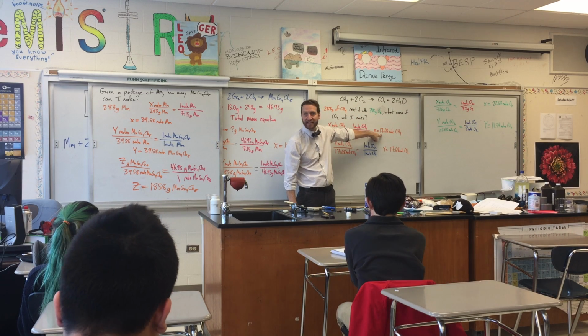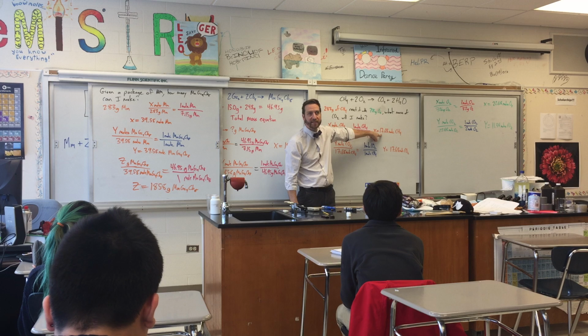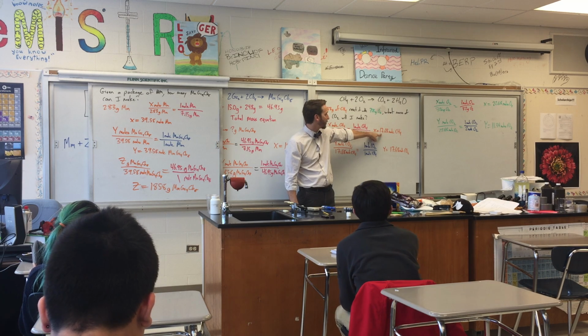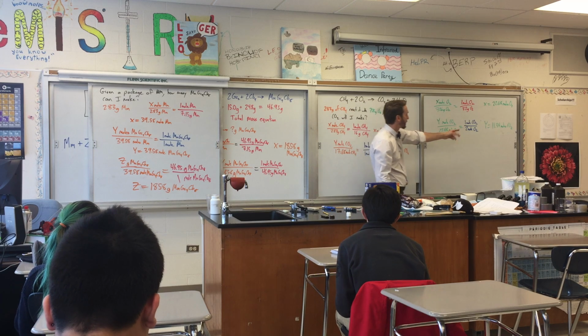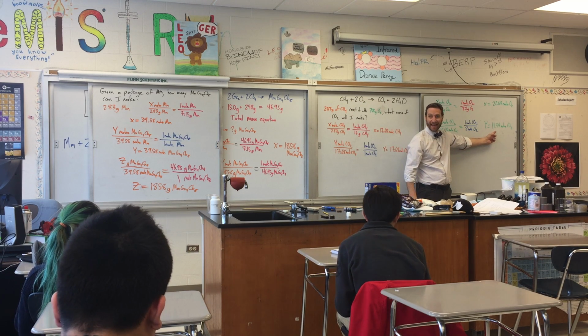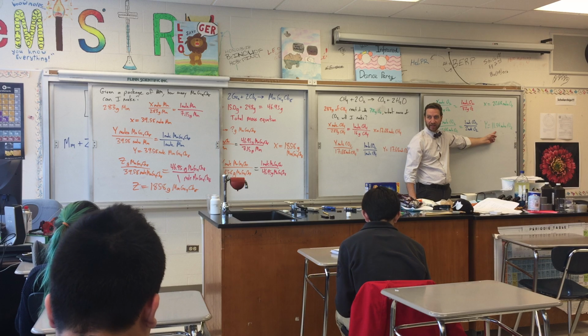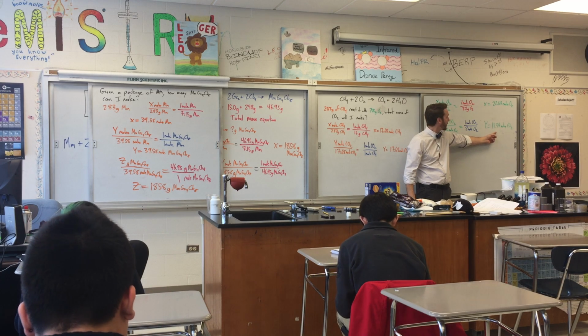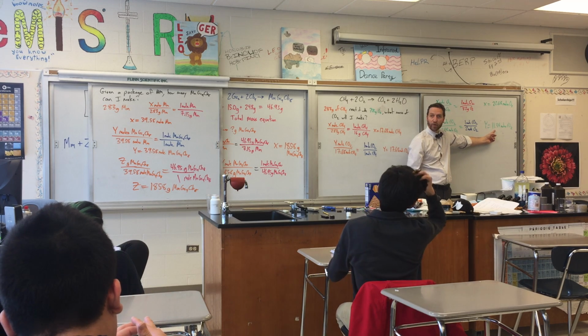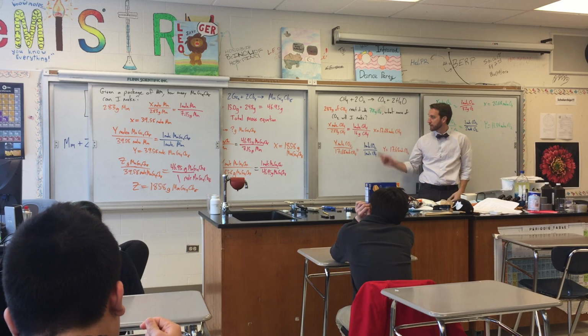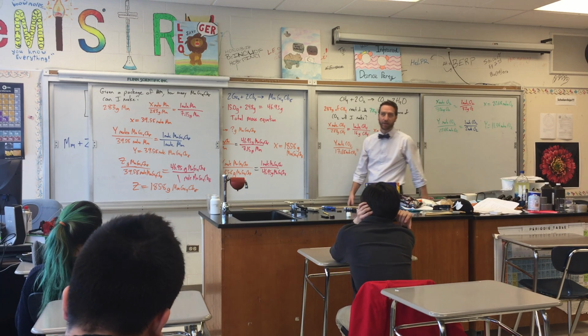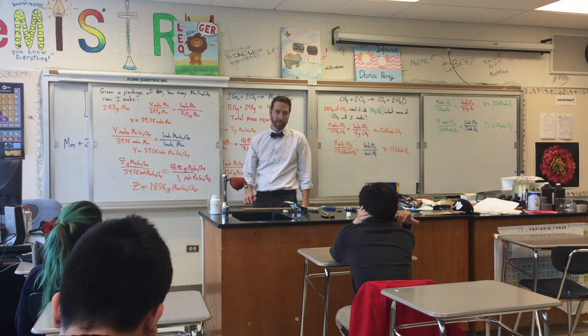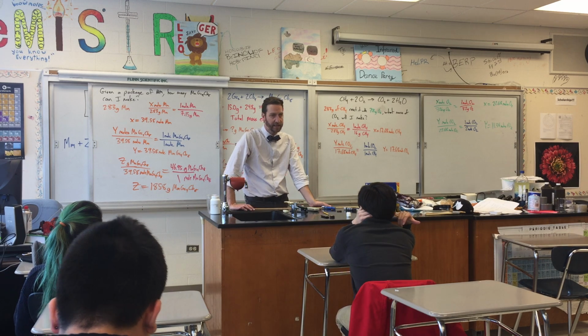Remember, we had 17 moles, so we're going to have about 6 moles remaining. 17 minus 11 is how much is going to be left over, 6.34 or something like that.